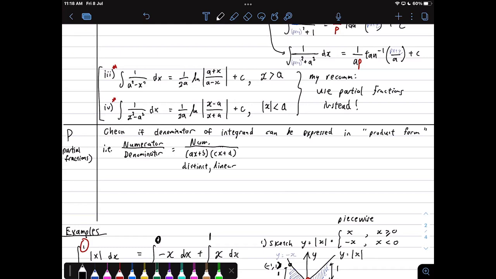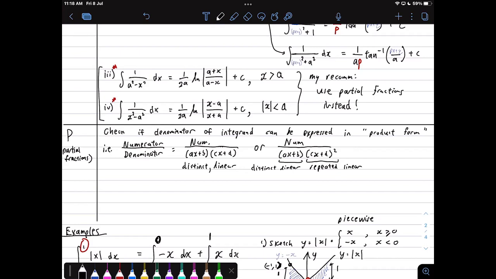Or the alternative would be a numerator divided by ax plus b, a distinct linear factor, multiplied by cx plus d, a repeated linear factor. Distinct linear, or this one is repeated linear.